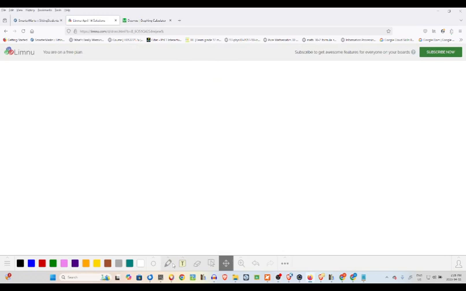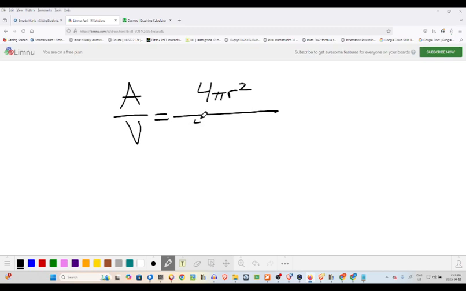Okay, so if we look at the sphere first, the surface to volume ratio is surface area over volume. That's 4 pi r squared over 4/3 pi r cubed.